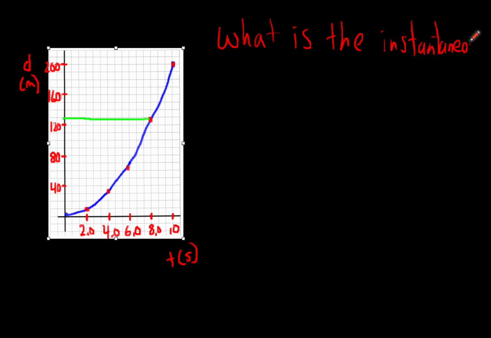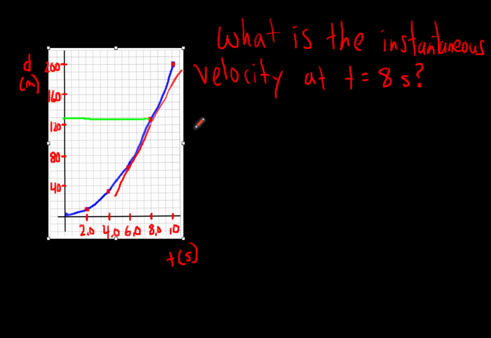So in the next step, we're going to look for the instantaneous velocity at time equals 8 seconds. To do this, we plot a tangent line to the graph at time equals 8 seconds. And we want to find the slope of this line. We pick 2 points on the line. I'll pick the time equals 8 seconds point, because we've already found that distance.